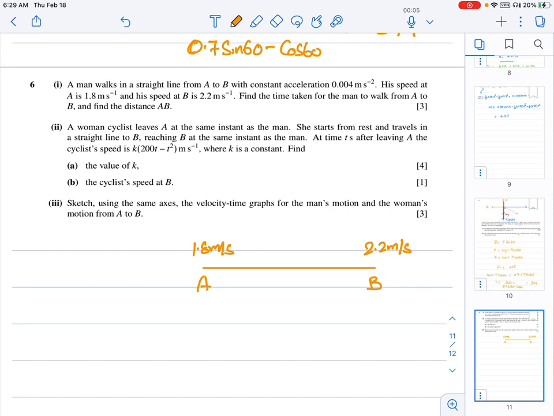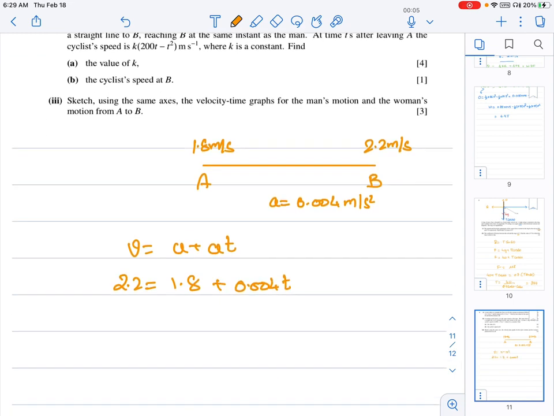Acceleration is equal to 0.004 meter per second square. Find the time taken. So V is equal to U plus AT. So V is 2.2 is equal to U is 1.8, plus A is 0.004 times T. From there I get the value of T as 100 seconds.